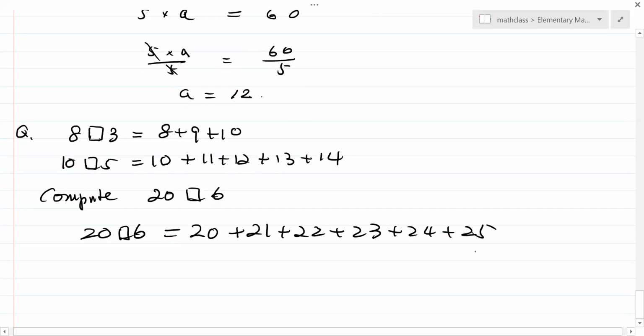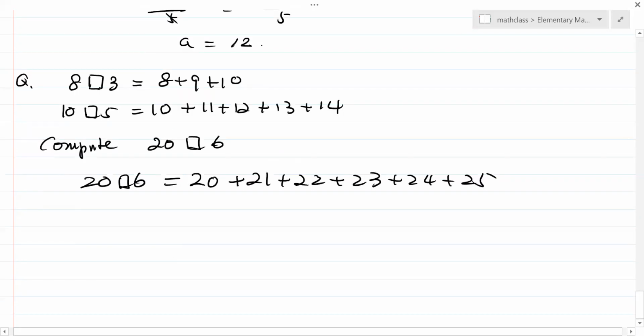Now the question is how to add them together. You learned some tricks here, right? Each one can be decomposed: 20 plus 1, 20 plus 2, 20 plus 3, 20 plus 4, 20 plus 5. So how many 20s? You have 6 20s.